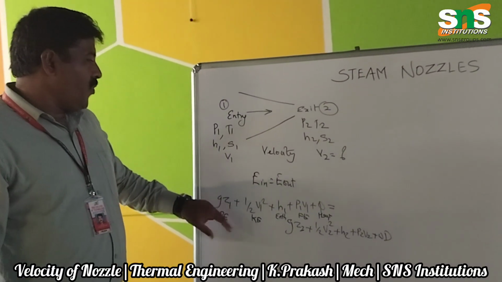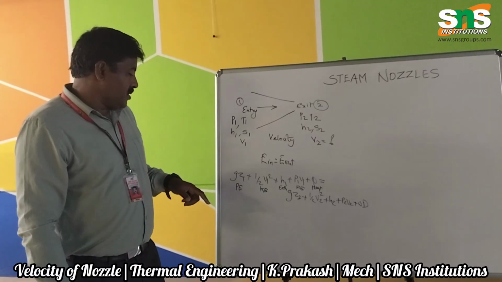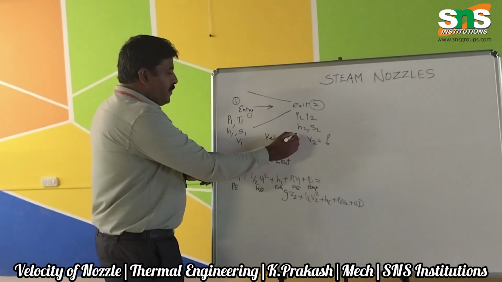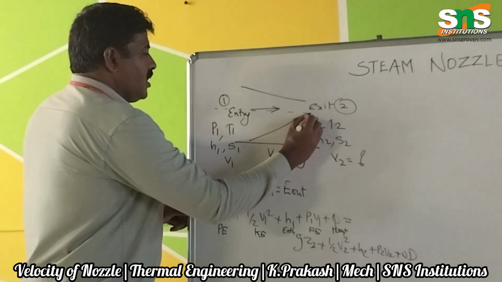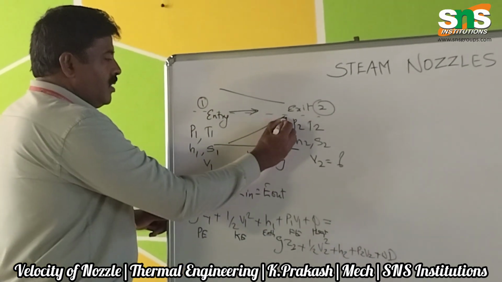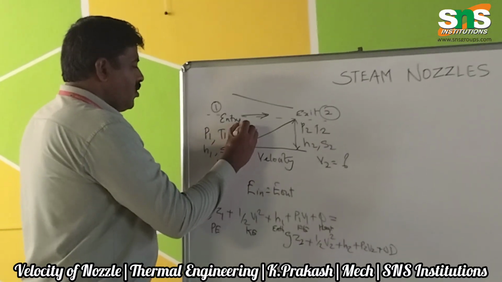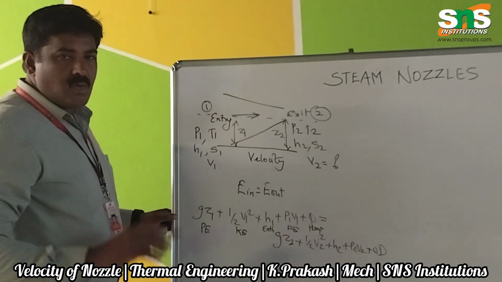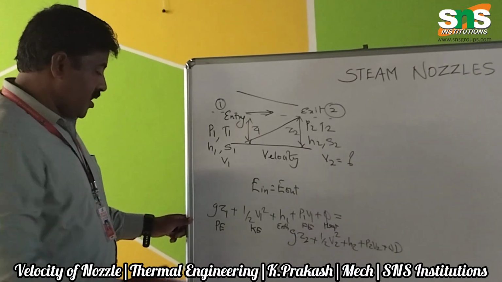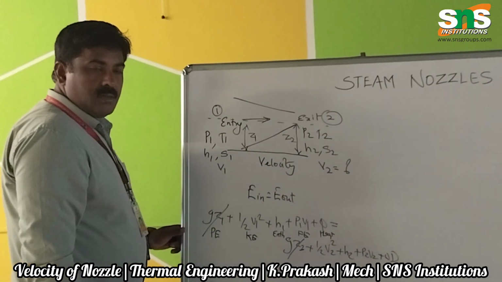When this steady flow energy equation is applied to steam nozzles, if you assume a base and a center line, the datum heads Z1 and Z2 are the same. So there is no difference in the potential energy. Therefore these two get cancelled.